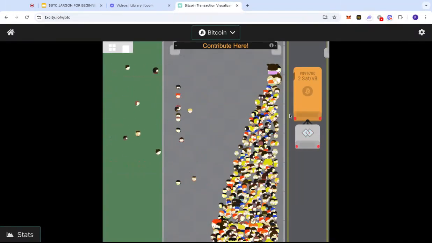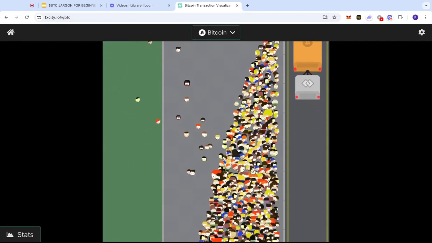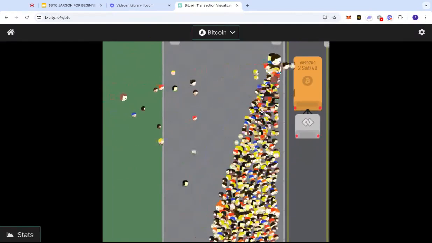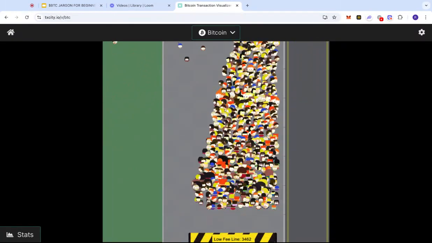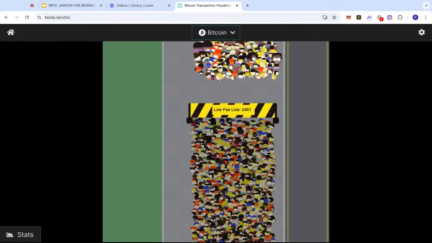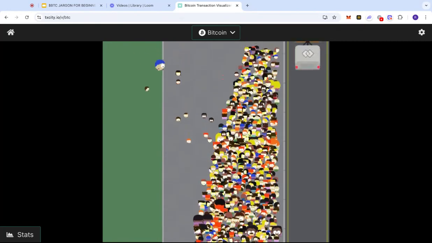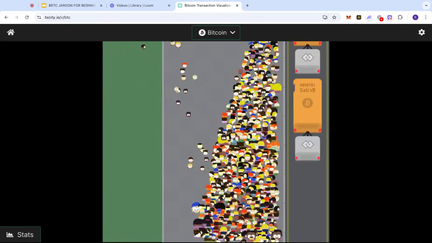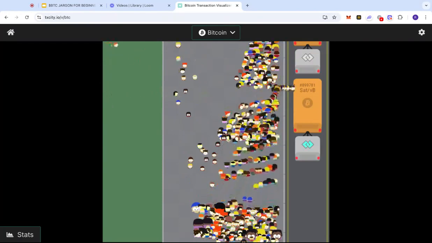Now you see these are the transactions. Some transactions are at the front, while other transactions are in the herd behind, and there are many other transactions which are still queued up and no one is picking them up. So what causes a miner to pick one transaction and avoid others?